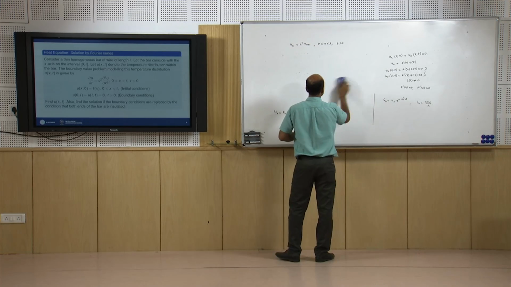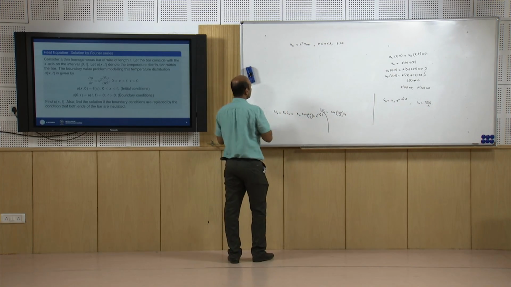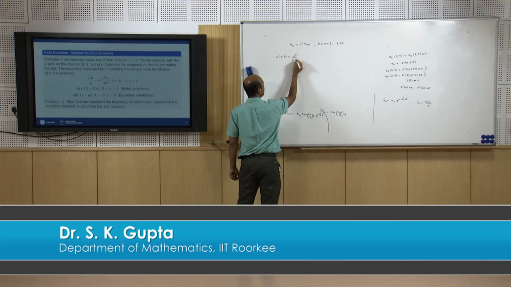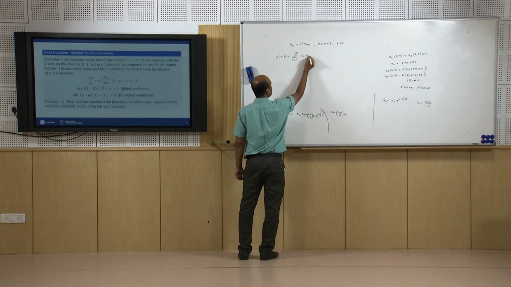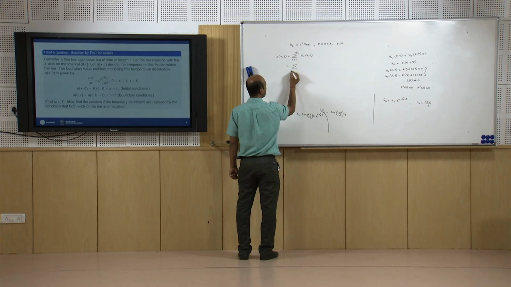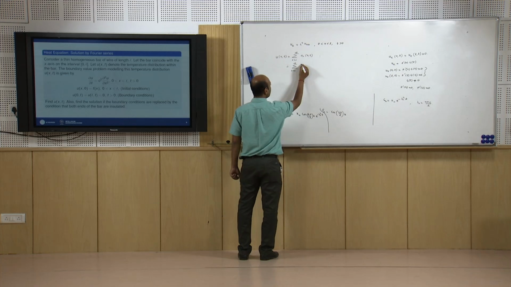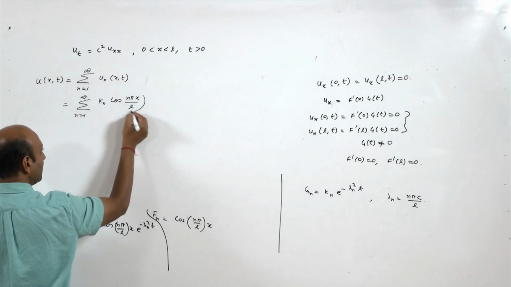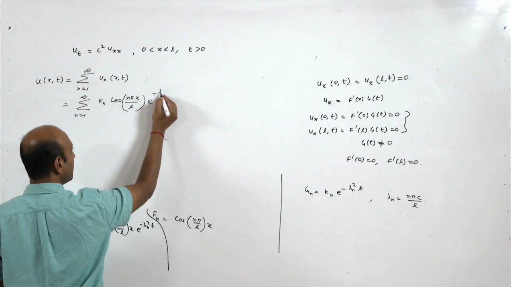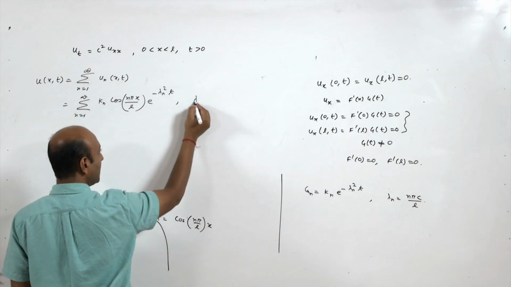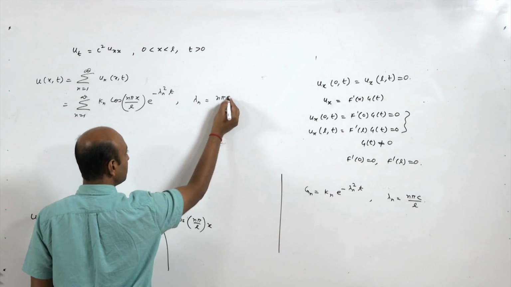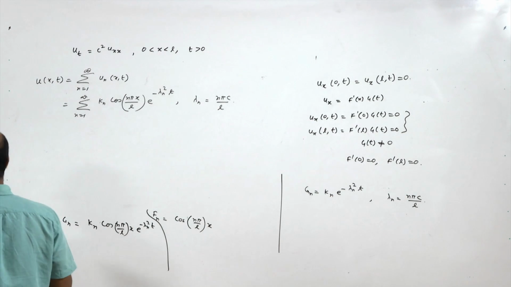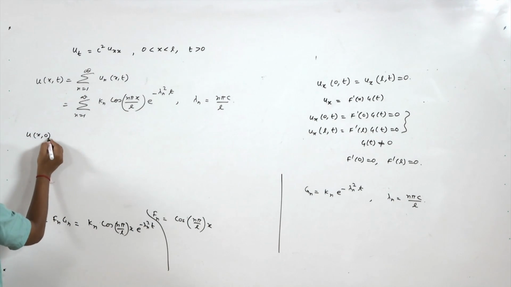So, again by the superposition principle, the solution u x t will be the summation n from 1 to infinity of u n x t, which is the summation n from 1 to infinity of k n cos n pi x by L into e to the power minus lambda n square into t, where lambda n is n pi c by L. Now, apply the same initial condition, that u x 0 equal to f x.